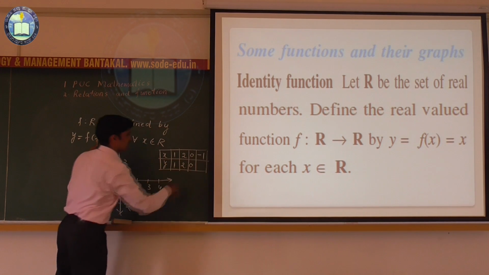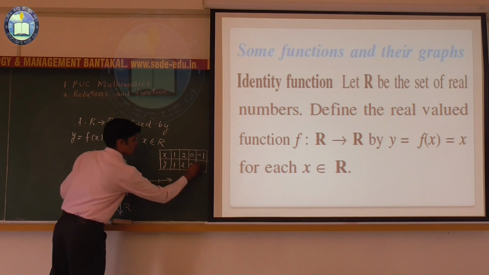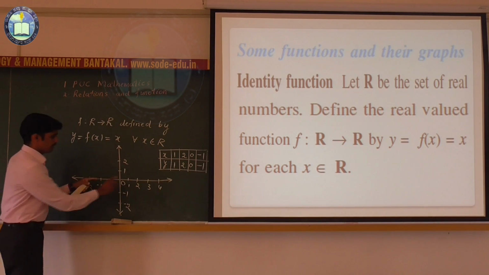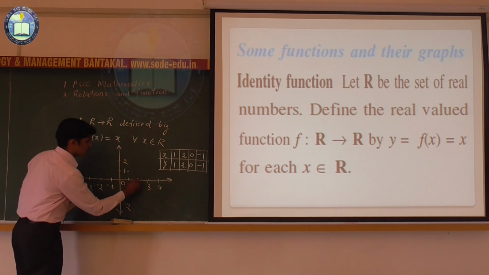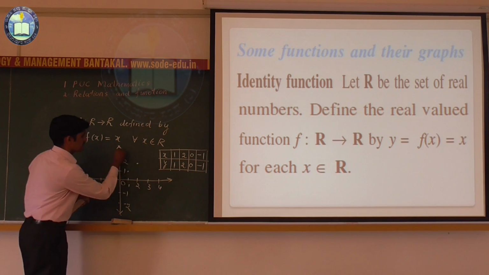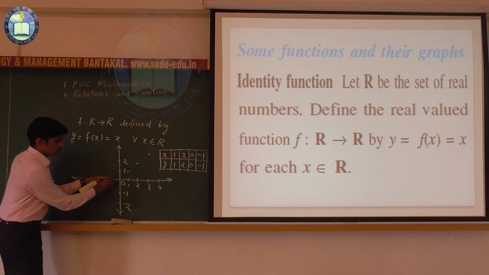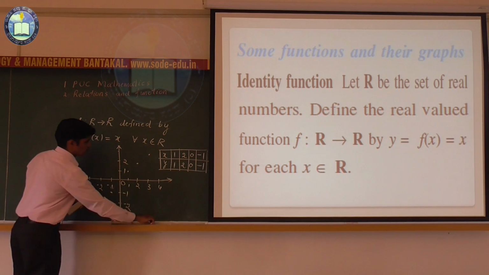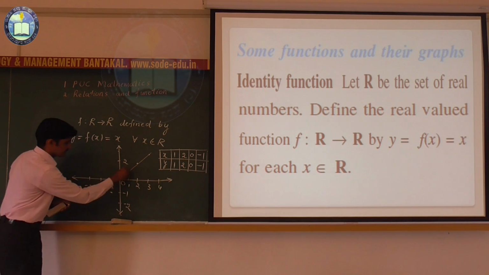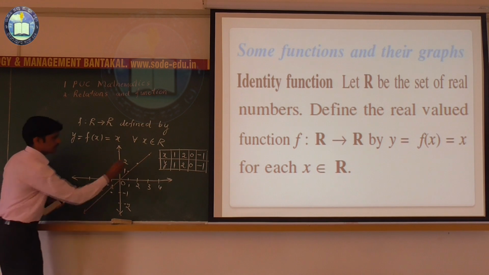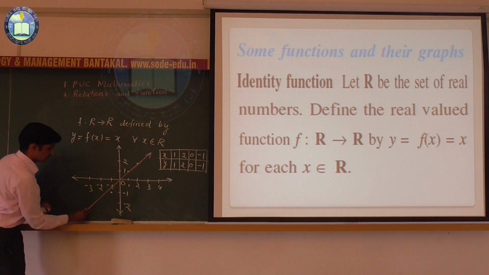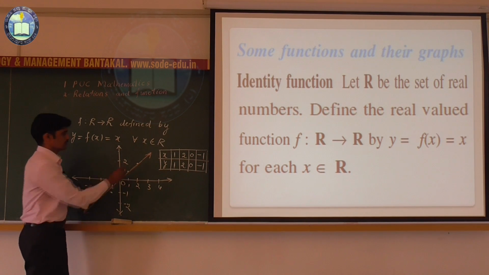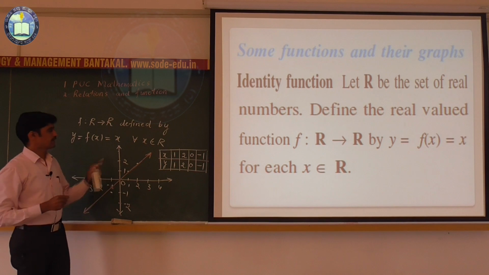If you give x is equal to minus 1, value of y is also minus 1. Therefore, when we give x equal to 1, y is also 1. This is a point on the graph. When x equal to 2, y is also 2. When x is 3, y is also 3. When x is minus 1, y is also minus 1. When x is 0, y is also 0. If you collect all these points, we get the graph of identity function, which is a straight line passing through the origin. This is the graph of identity function.